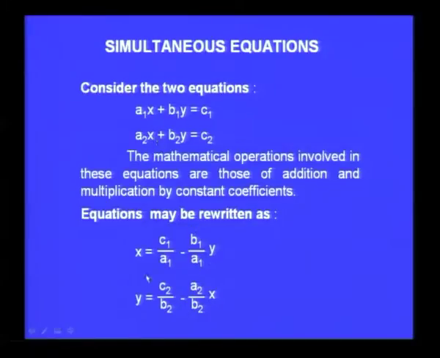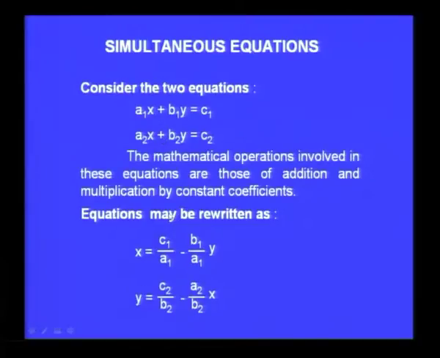Similarly, the second equation can be solved for y, and y is equal to c2 by b2 minus a2 by b2 times x. So, these two equations were derived from the first two equations, obtaining x from the first equation and writing the expression for y from the second equation.